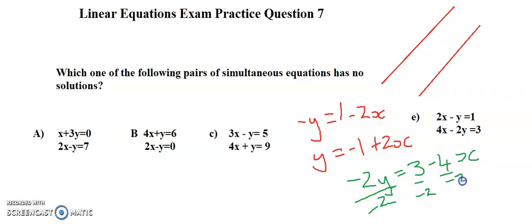Because I'm dividing everything by negative 2, that gives me y equals negative 3 over 2. But a negative is a positive, and 4 divided by 2 is 2, so I get 2x. So here, our gradients are the exact same, which means the answer must be E.